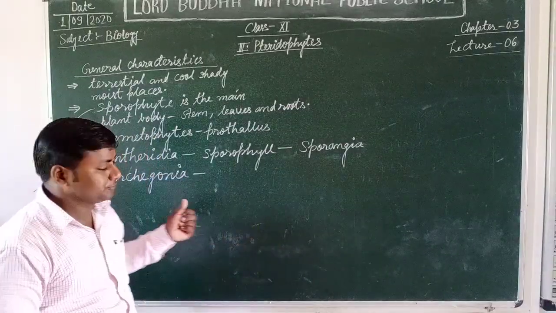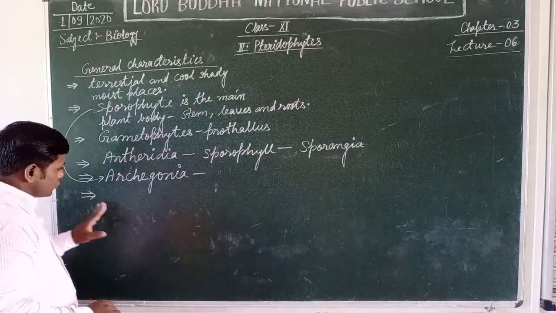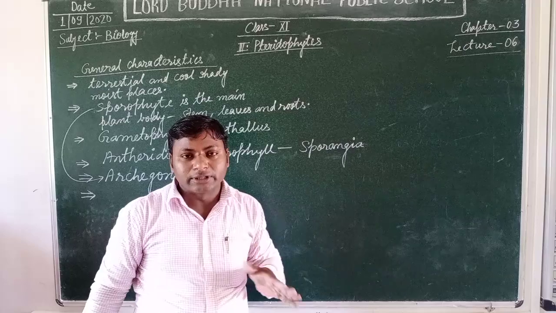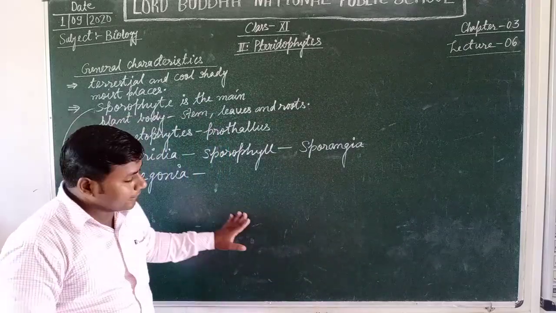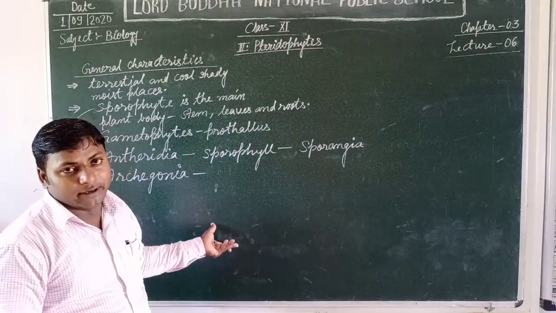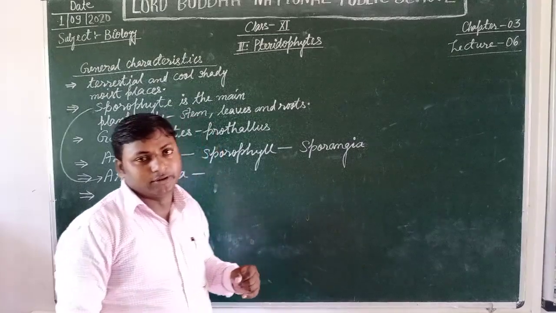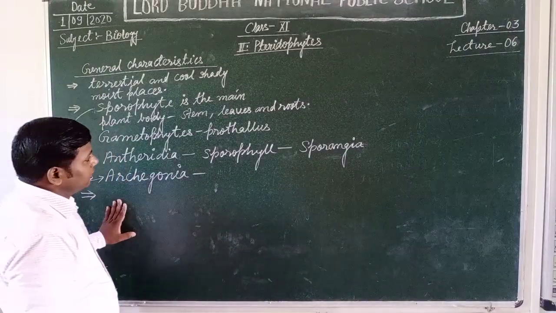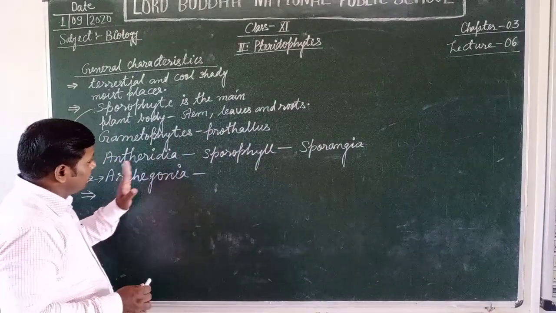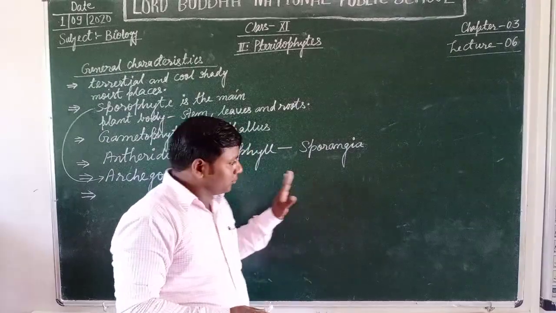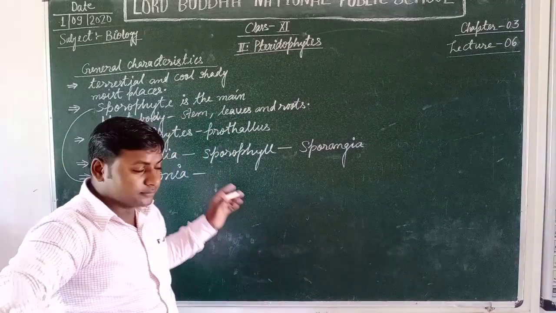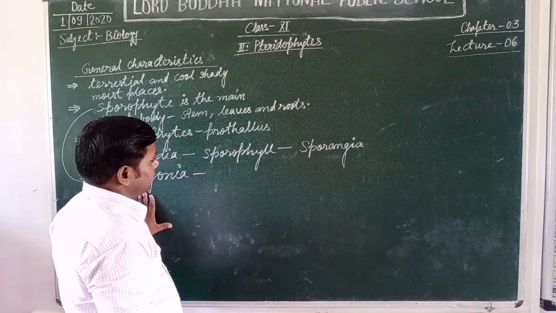They show alternation of generation. The gametophyte, which is prothallus in structure, results in the development of the sporophyte, and the sporophyte is the main plant body that can bear the male reproductive part and the female reproductive part.